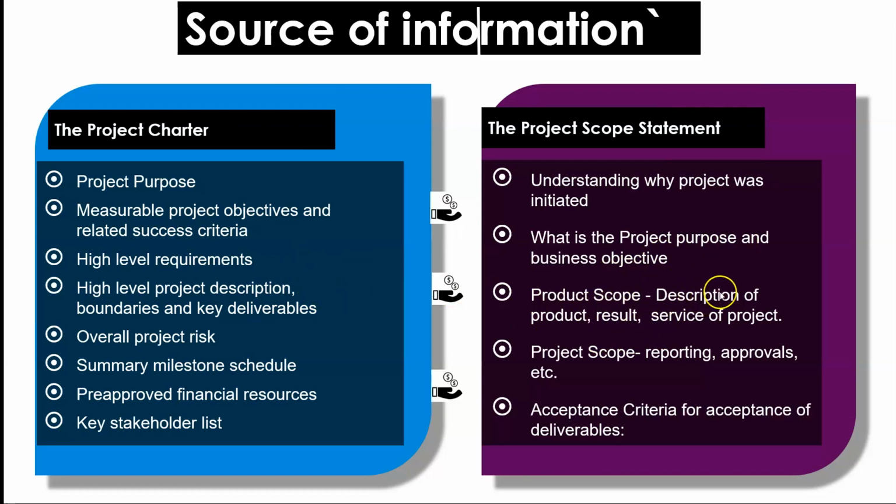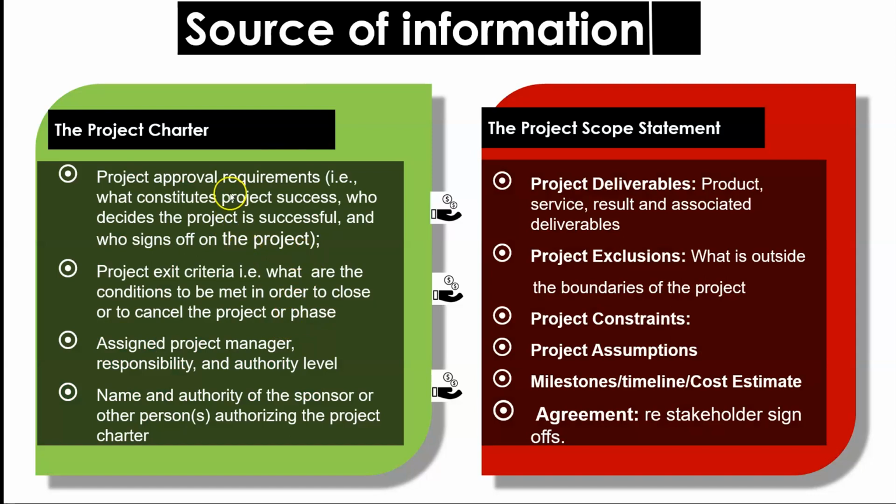Product scope, description of the product, so that you're actually going a little deeper into this description of the product, service or result. The project scope, for instance, reporting and approvals, acceptance criteria, which you are going to get in some measure from the charter.